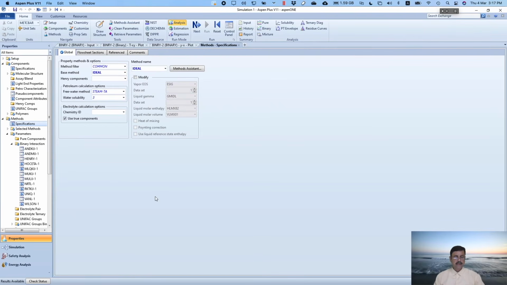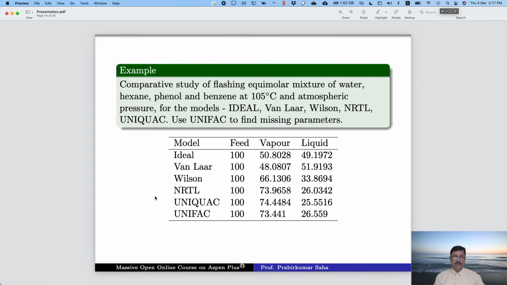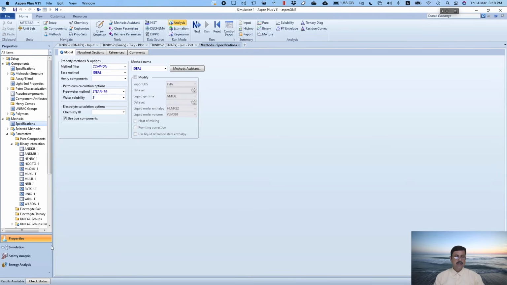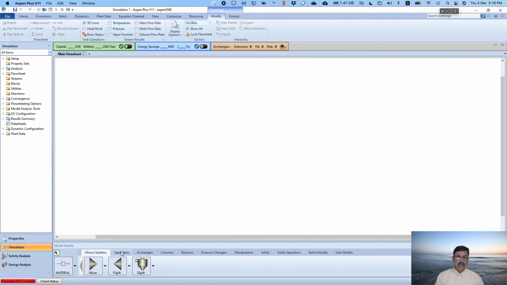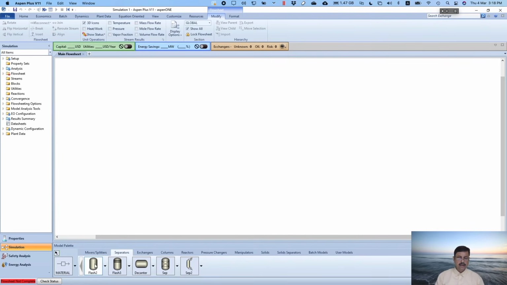Okay, property methods are fixed. Now we have to go to the simulation chamber. So go to Flash, bring in Flash over here, materials.